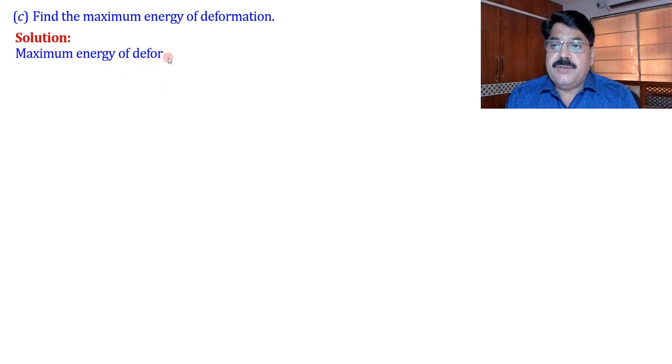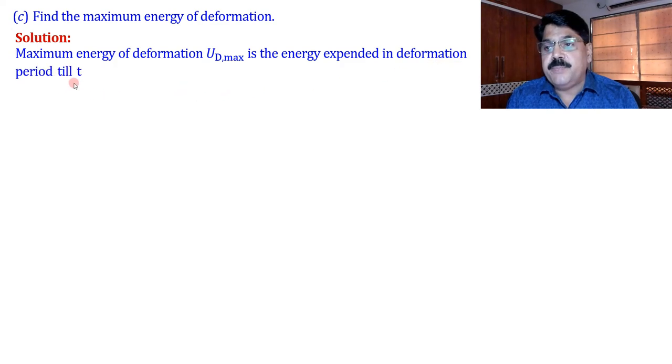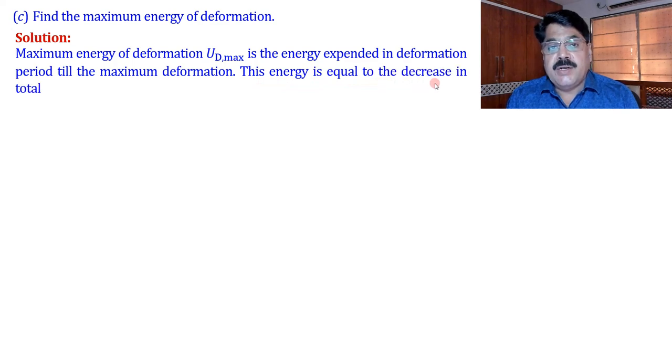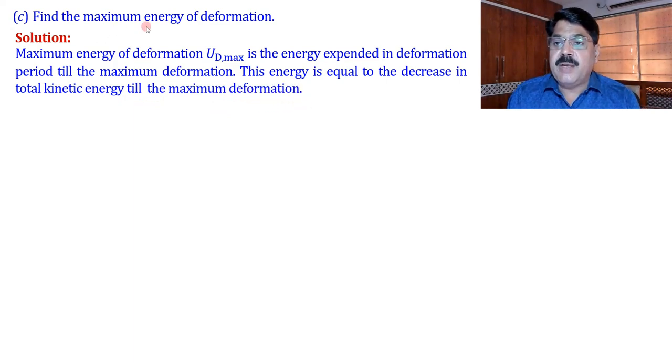Maximum energy of deformation, UD max, is the energy expended in the deformation period till the maximum deformation. This energy is equal to the decrease in total kinetic energy till the maximum deformation. Actually, it is asked maximum deformation, meaning energy expended.